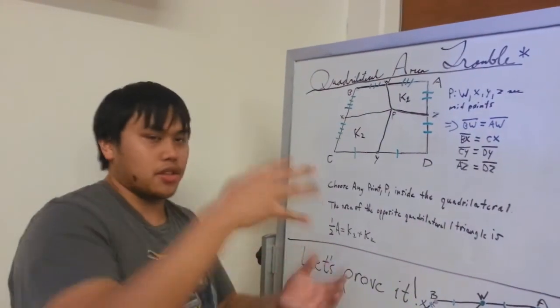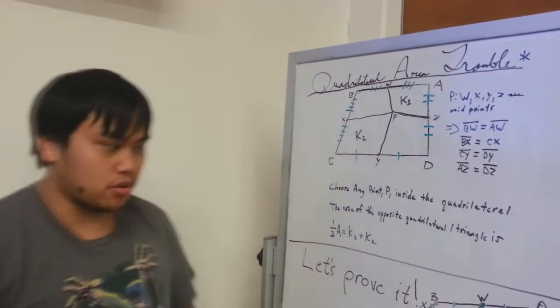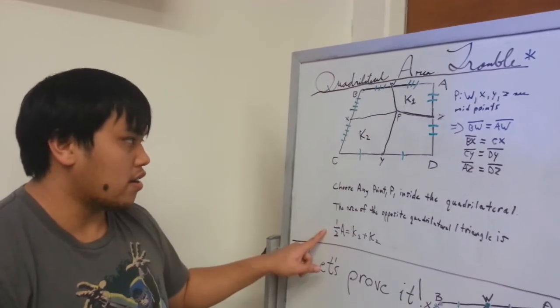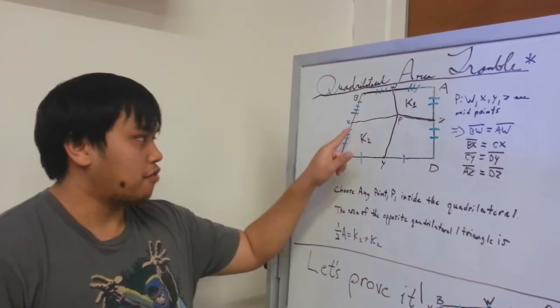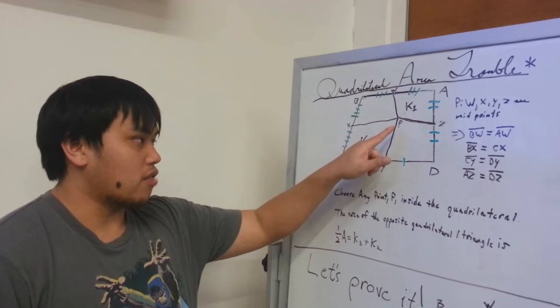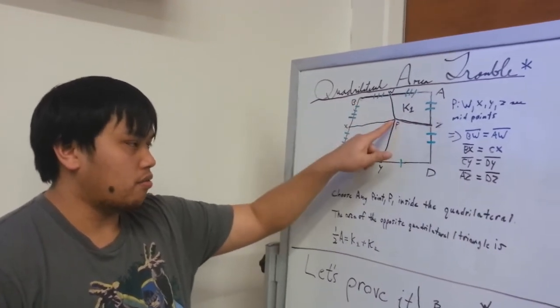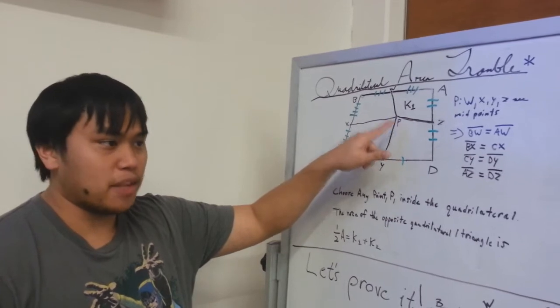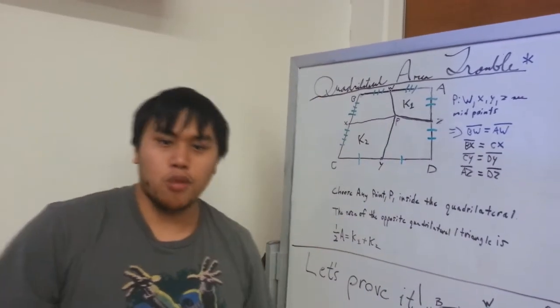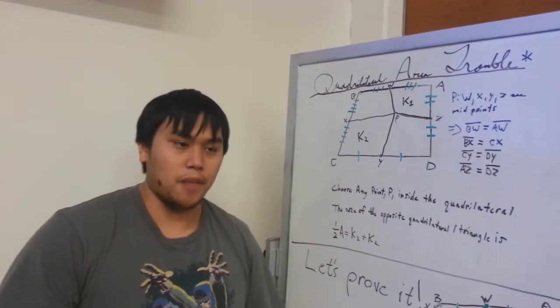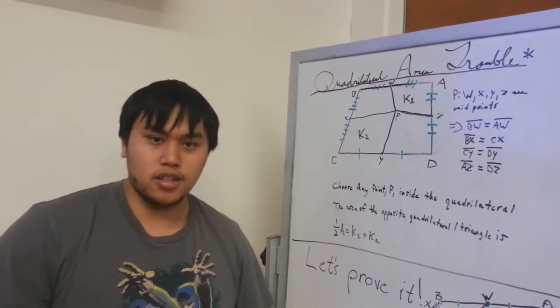The opposite quadrilaterals or triangles will always add up to half the area if you draw a line from the midpoint of each side to a point within the quadrilateral. It can be any point, and it can be any quadrilateral, by the way. It's not a special case, it's a general case.